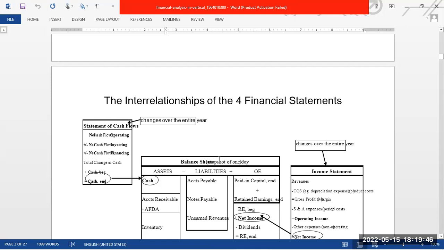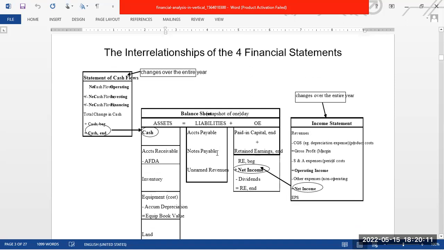Then in the statement of cash flows, you will find net cash flows, where we have operating cash flows, investing cash flows, then financing cash flows. All that sums up to a total cash flow at the end of the year, or net income.